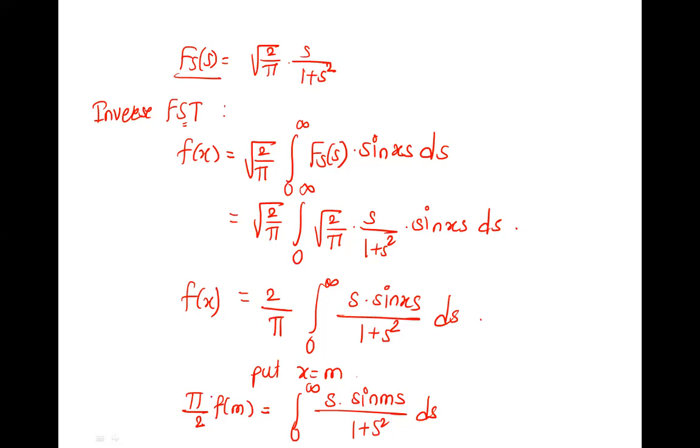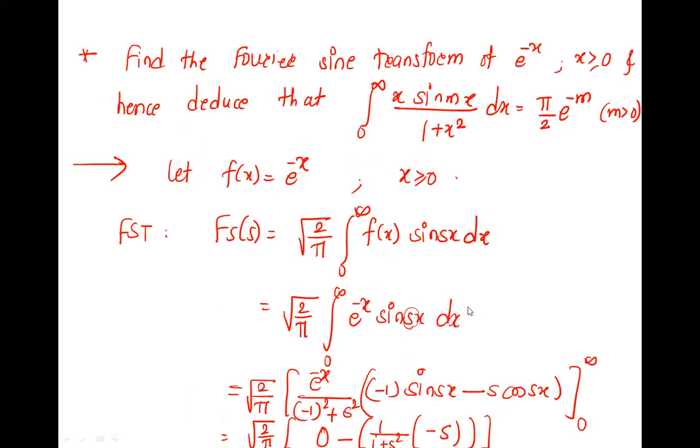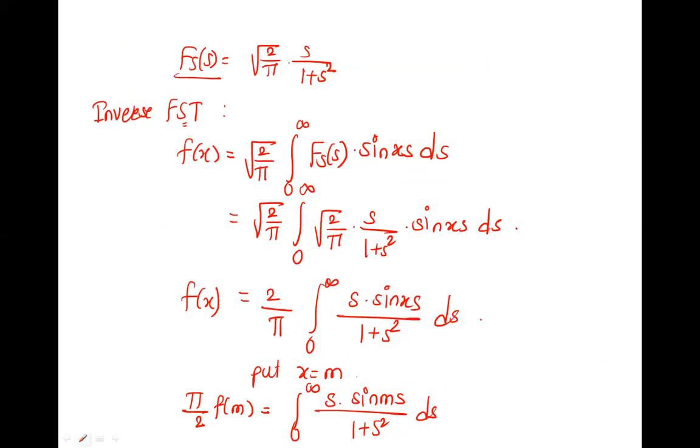But we have to write now f of m. We have the function f of x, e raised to minus x, so x is replaced by m: it will be e raised to minus m.